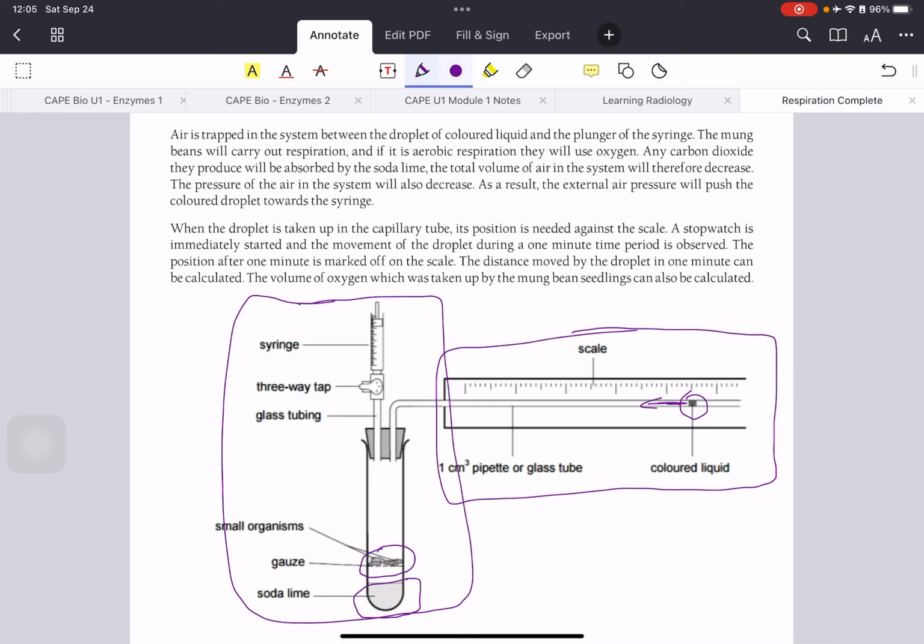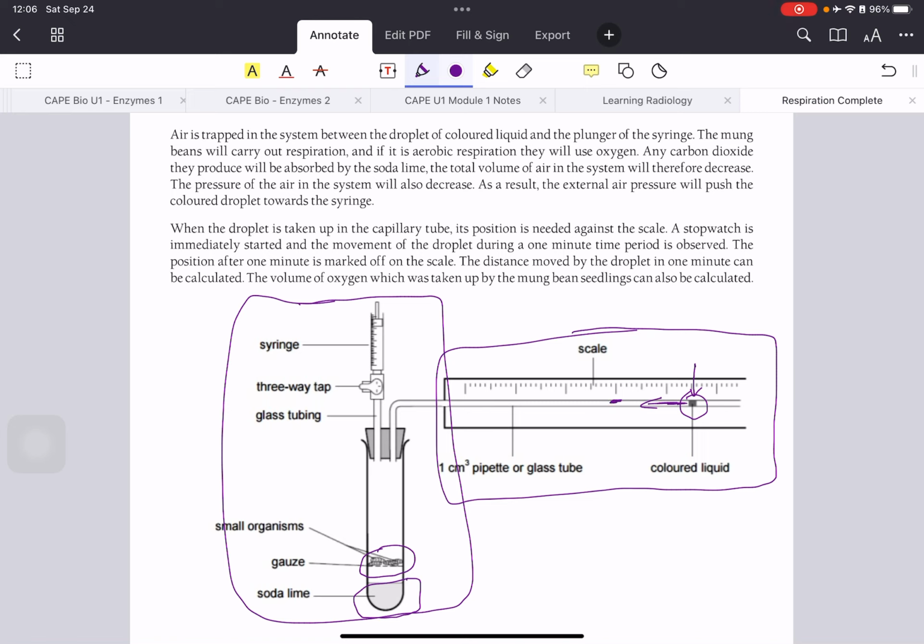So remember, if they're sucking the liquid like a straw, if you're sucking the air out of the tubing like a straw, the liquid is going to follow it because of the negative pressure, and you will simply have to look at where the liquid was first, where on the ruler it is, and then after a certain amount of time you measure where it is now.